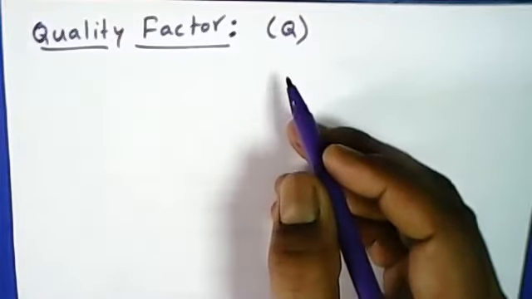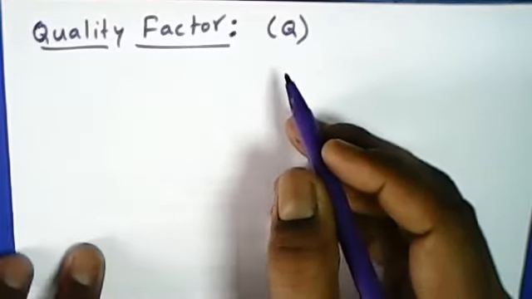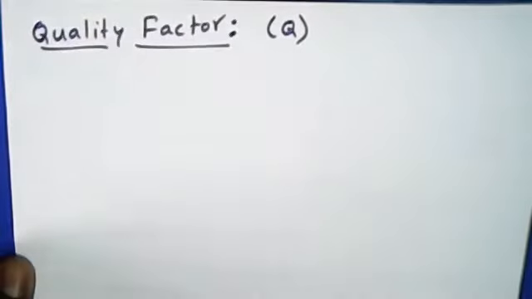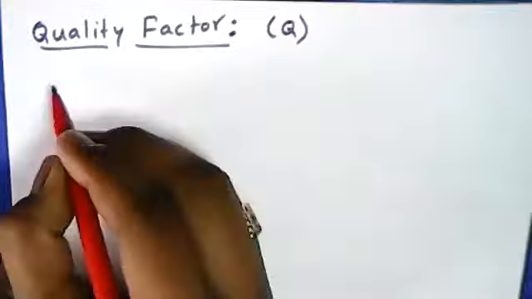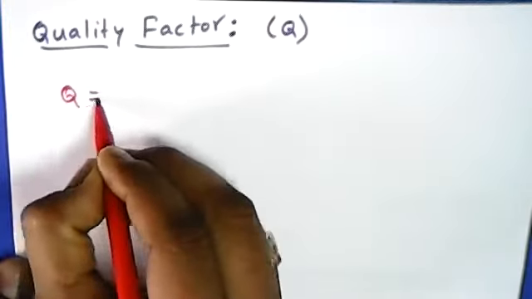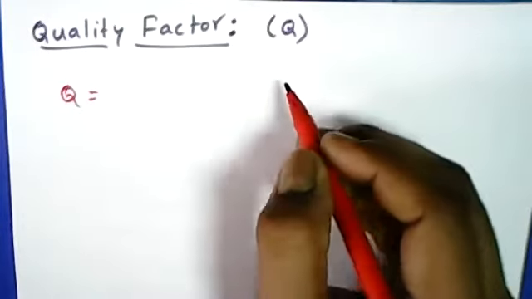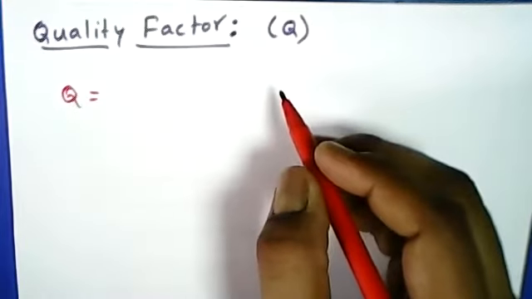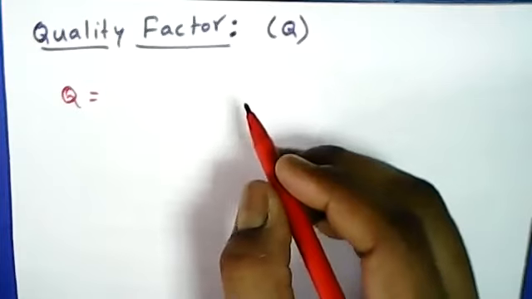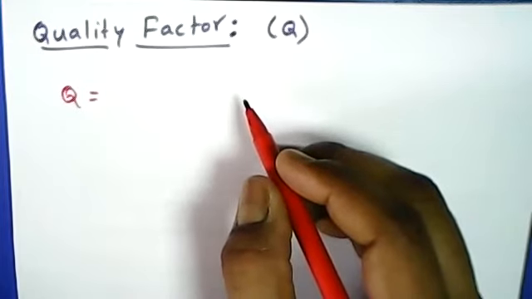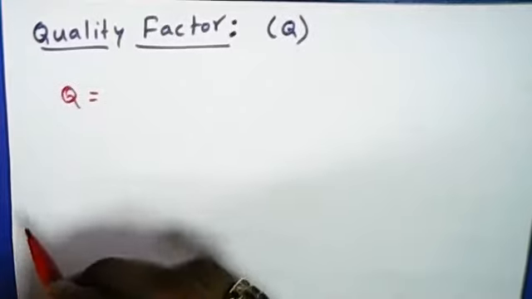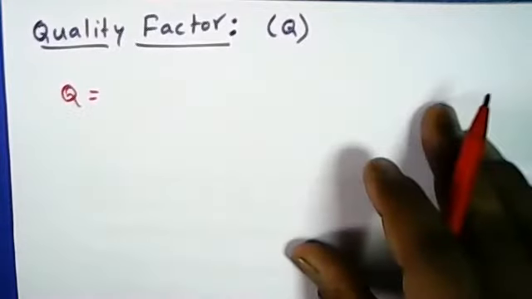In the case of cavity resonators, the quality factor is given by an expression. I told you, what is meant by a cavity? Can you give me a single word definition? What is meant by cavity?